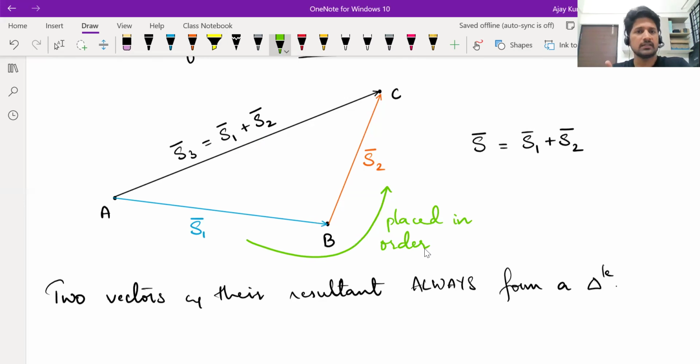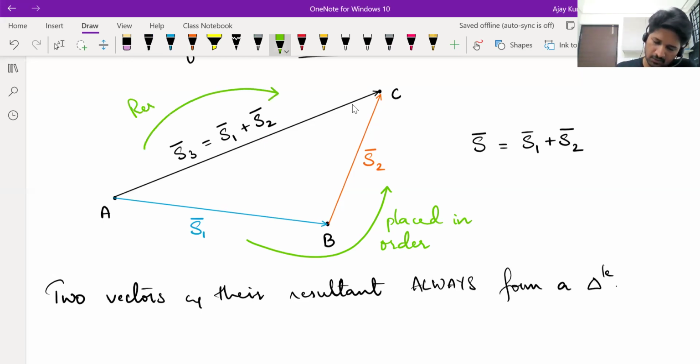Now, when two vectors are placed in order, we'll talk about the resultant a little later. If you consider them as two sides of a triangle, then their resultant will be the third side of the triangle formed by them, and that resultant will be in reverse order. AC is the resultant, right?